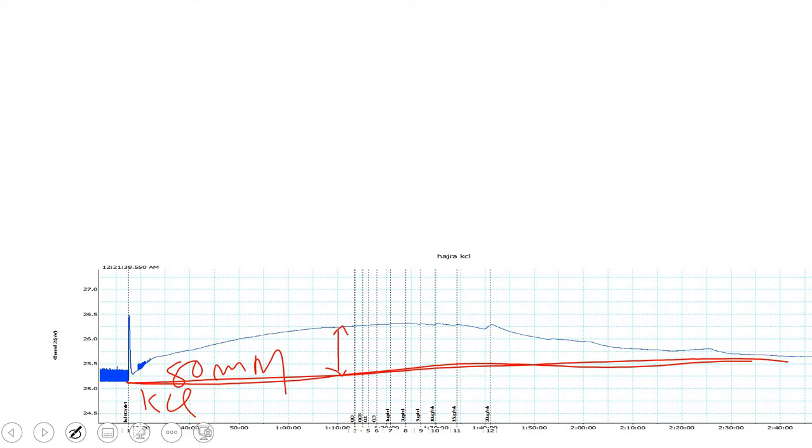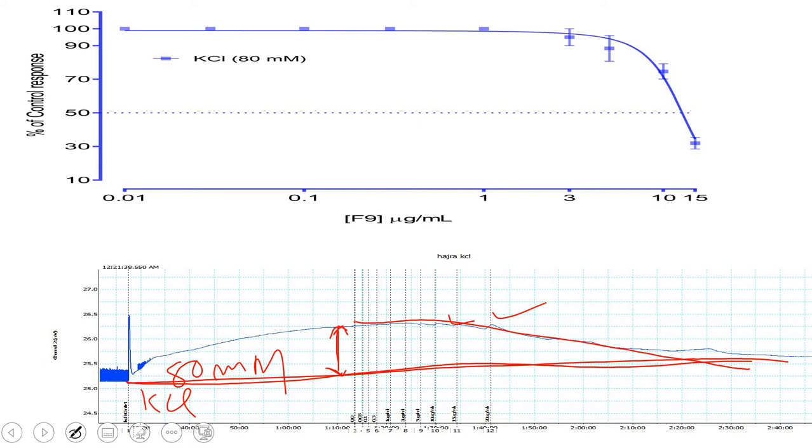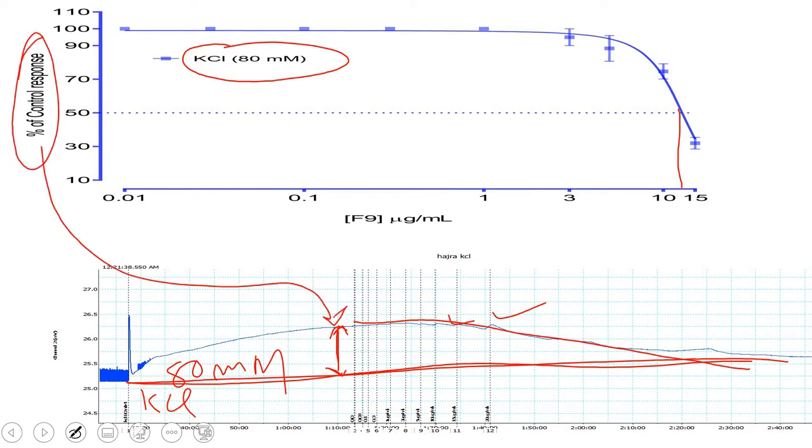I mean the height and amplitude of the potassium chloride induced contraction that precedes, even before the start of the dose response, and then it is going to have a relaxant effect at 15 and 20 microgram per ml, and again you get a graph like this one. Remember, this is on potassium chloride induced contraction, and here again this is the EC50 value. And this is again plotted as percent of control response, and control here is this region.